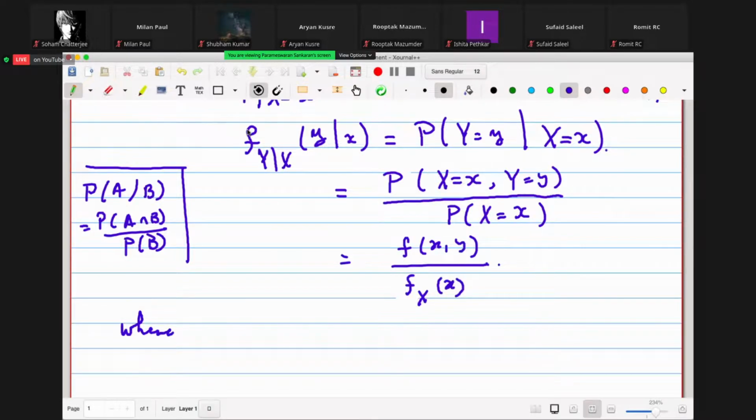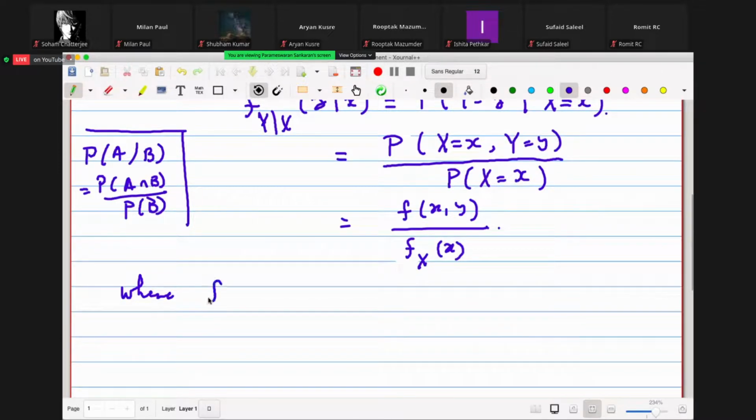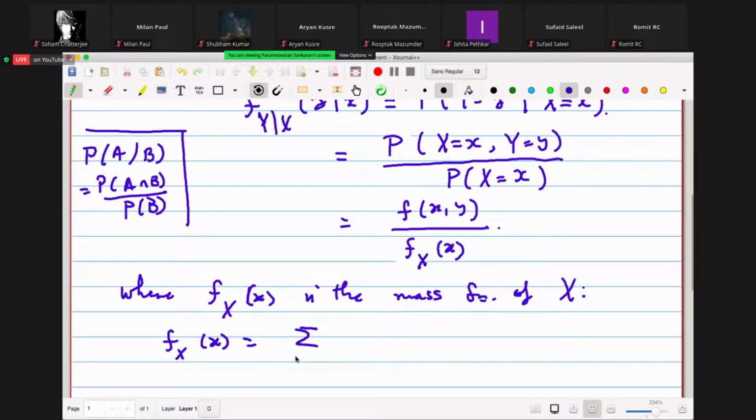Since the given data is a joint mass function, you should know how to compute the marginals. f_X(x) is the mass function of X, and so we have the formula: f_X(x) is equal to the summation, so you sum over all possible y, of f_{XY}(x, y). Okay.